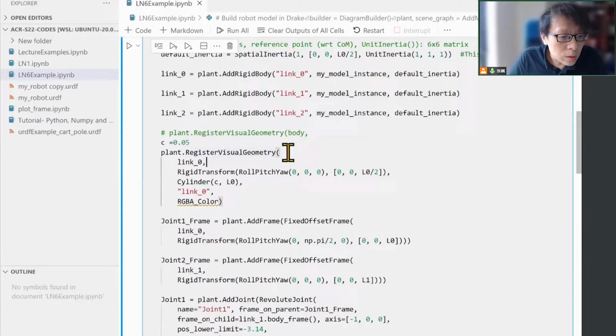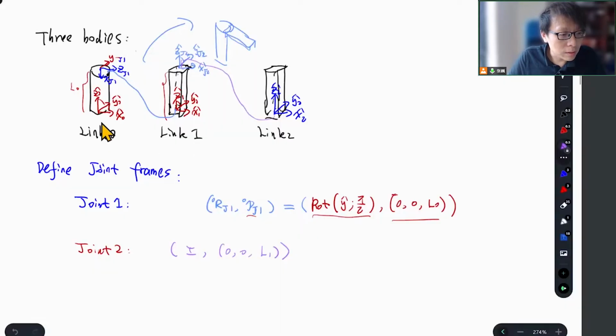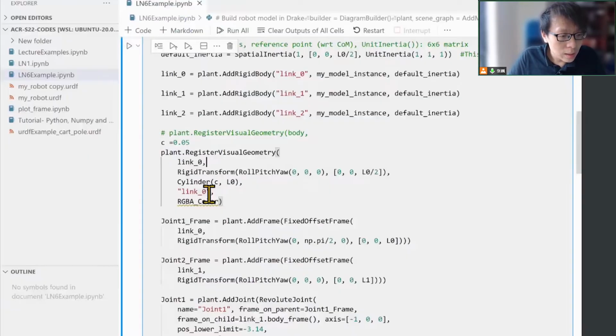Now we need to tell the system how each body looks. The first one, body 0, looks like a cylinder, so I can register geometry. This cylinder is a standard geometric shape supported by Drake, so I just need to specify some parameters, and I tell it link 0 has a cylinder shape.